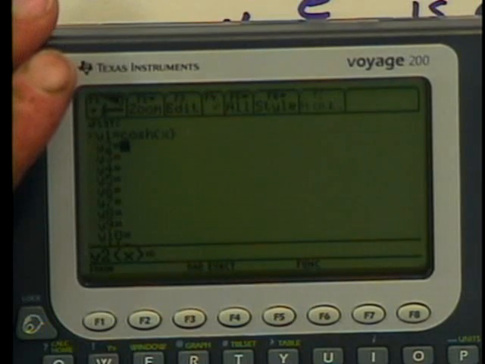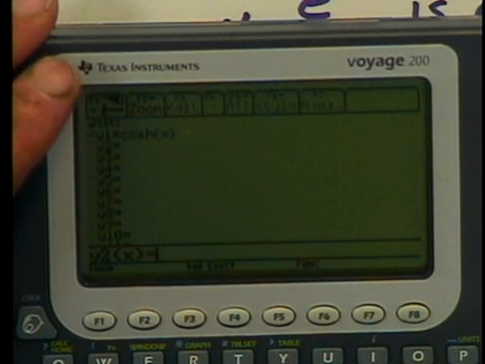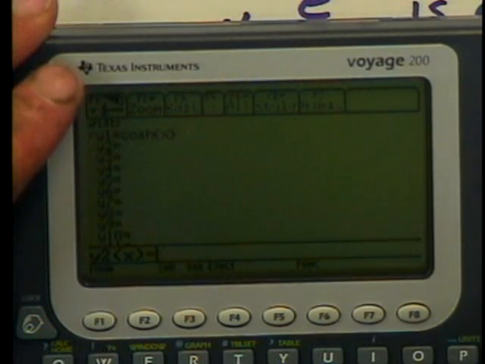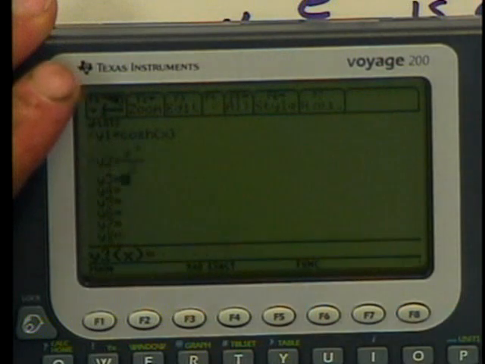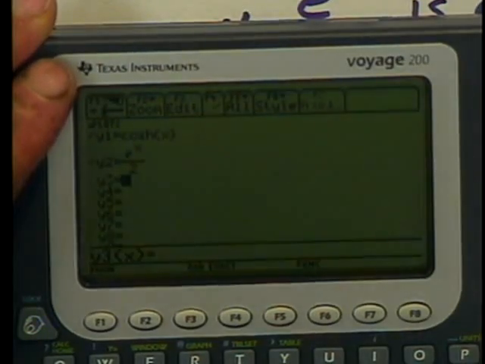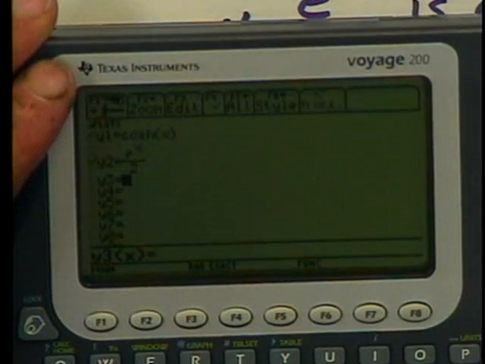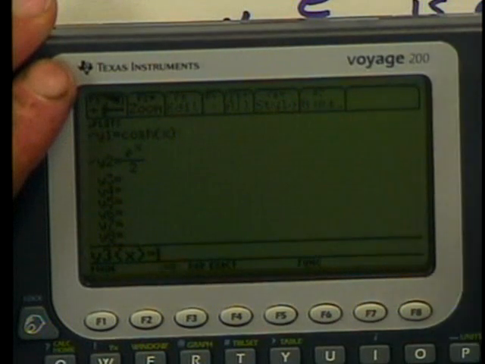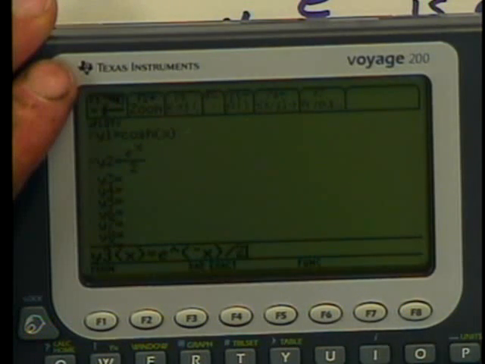Now, the next one I want to do for y2 is the first asymptote, which is supposed to be e to the x divided by 2. Okay, like that. Make sure you use the number e, not the letter e. The next one is e to the minus x divided by 2.